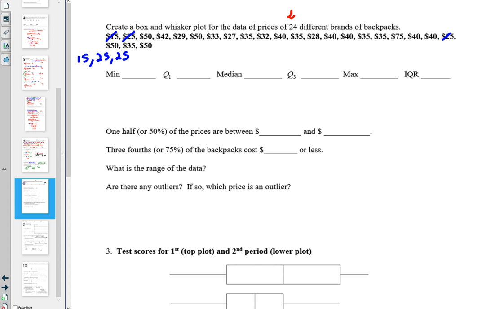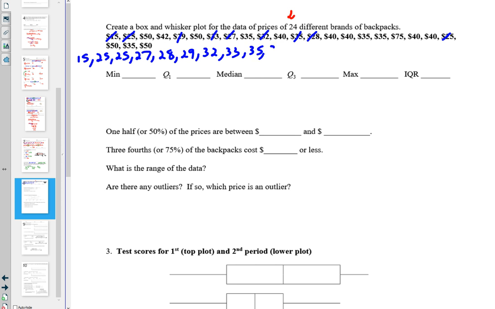So 25 is gone. 27. Then 28. Okay, 29. There's a 30, you said? 32. 32. 33. 35.